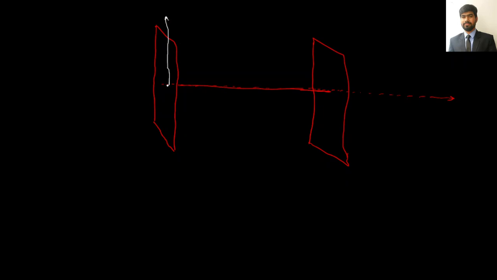So this is the x-axis, this is the y-axis, and this is the z-axis. Let's say the first plane is at z equals 0, and the second plane is at z equals a, where a is some positive value.